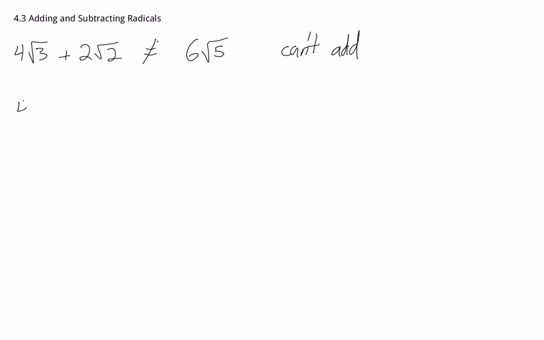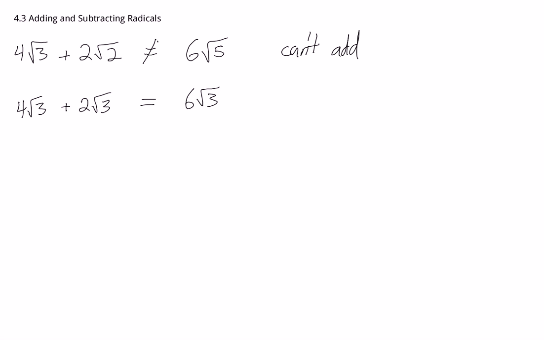So let's try a different one. Let's try 4 root 3 plus 2 root 3. A common belief in this case is we still would add the front numbers, the 6, but we leave the root 3 by itself. If you try those on a calculator, do both sides. If we go 6 times root 3, we get 10.39. We do the other side, we get 10.39.